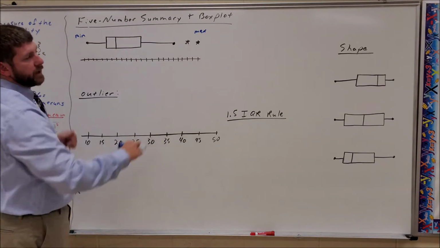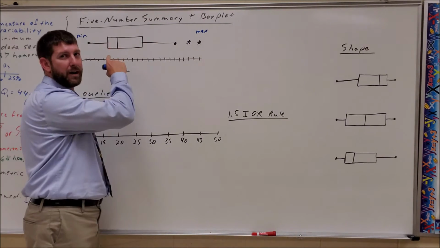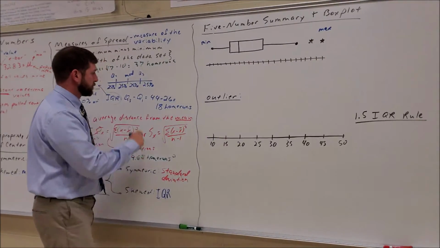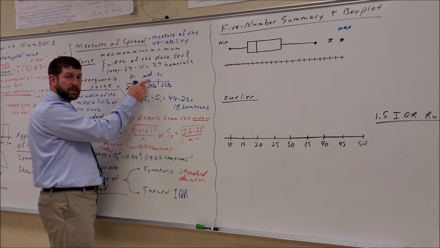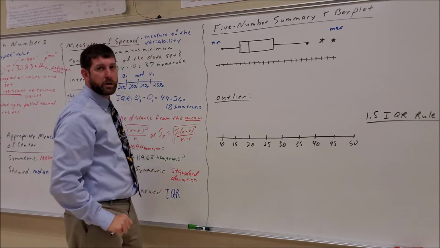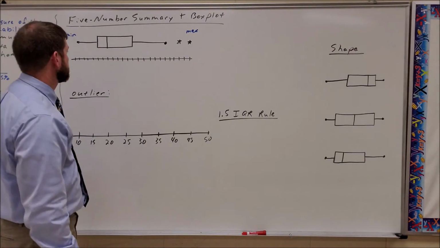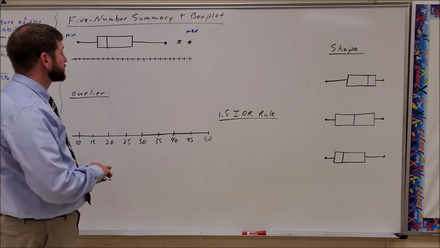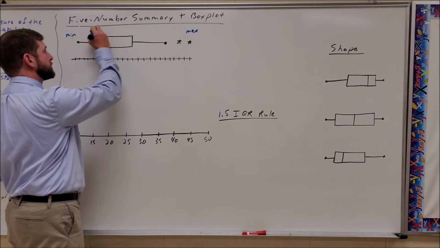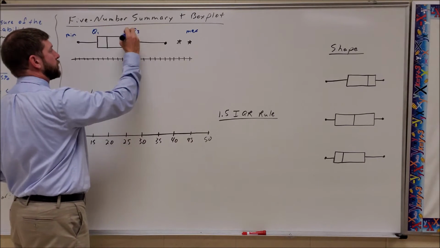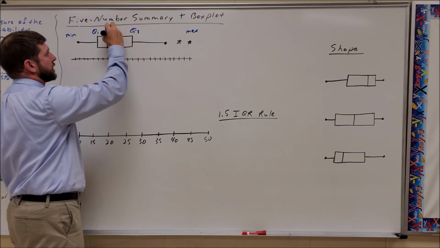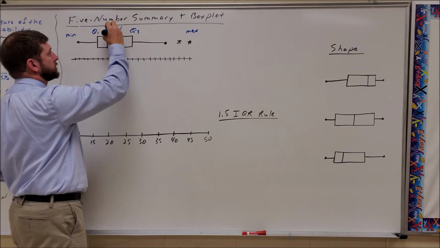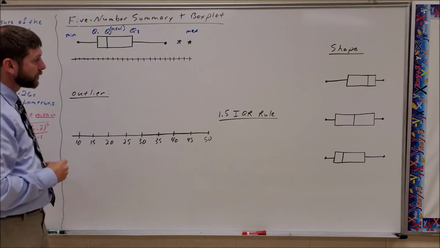The box looks very similar to what we worked with for interquartile range, because remember how we just made that box in the middle of our graph? So when we're talking about the box in a box and whisker plot, it's really just your quartiles. This is your first quartile, this is your third quartile, and that line in the middle is your second quartile, which we already established was your median.